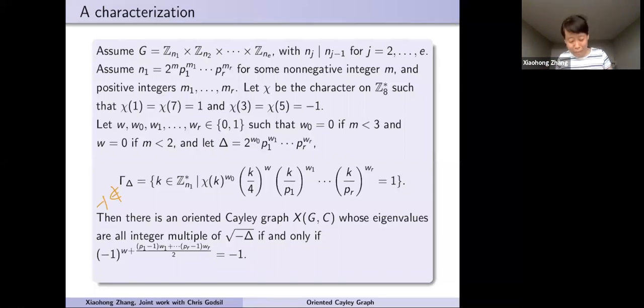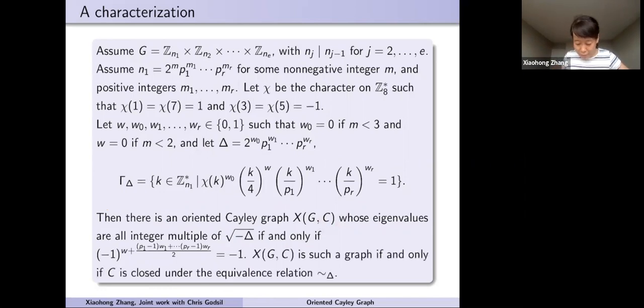We might already guess that for this oriented Cayley graph to have the desired eigenvalue form, we just need the connection set to be closed under the equivalence relation. I forgot to introduce what this equivalence relation means. If we have two elements G and H, they are equivalent if and only if GH is in the subgroup.